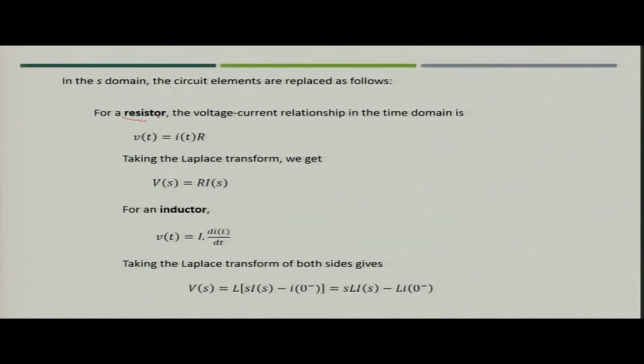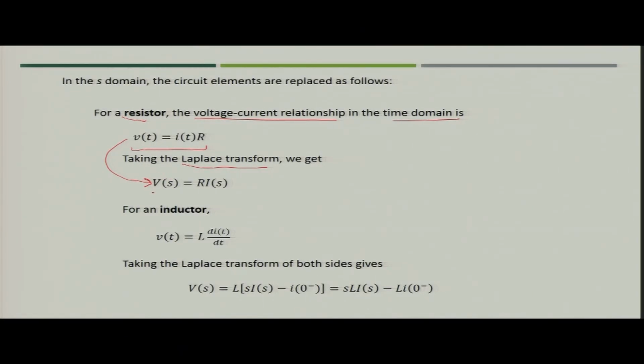For a resistor, the voltage-current relationship in the time domain is given by V equals I into R, as per Ohm's law. Now, if we take the Laplace transform, the time domain equation gets converted into the S domain.